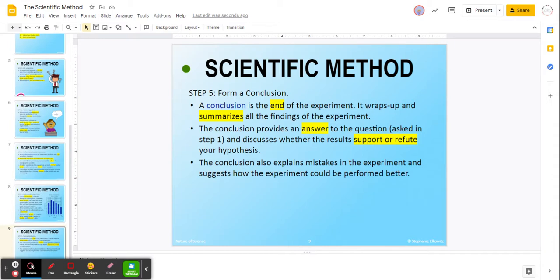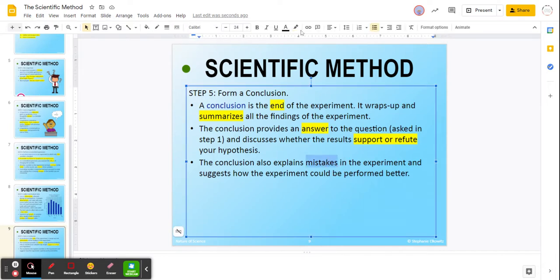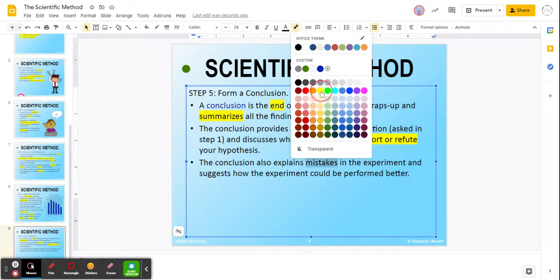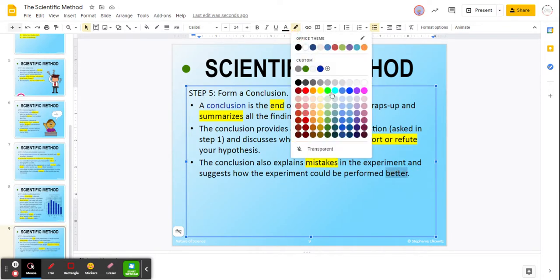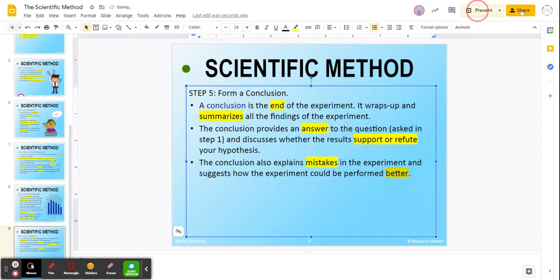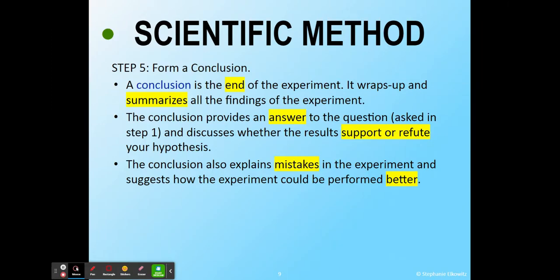The conclusion also explains mistakes in the experiment, right? And suggests how the experiment could have been performed better. So there is this thing called human error, right? So let's say one day you forgot to water the plants at the same time.